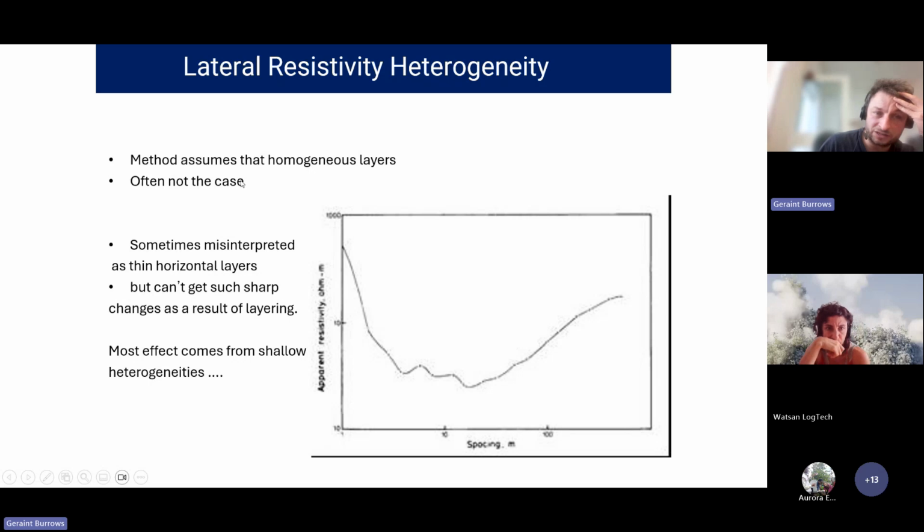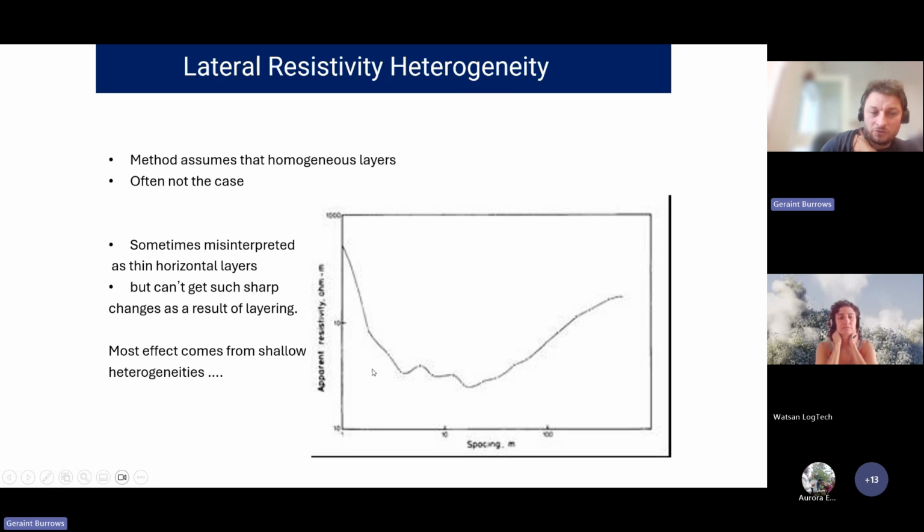Vertical electrical soundings assume that vertical layers are homogeneous, that you will have exactly 20 meters, let's say, of sand, which is completely homogeneous running across the entire profile. But of course, that's mostly not the case. So there's misinterpretation, as changes in the horizontal profile as you expand out the electrodes cause impacts on the reading that you're trying to get for the depth.